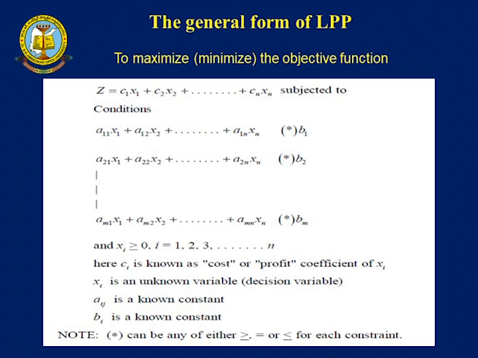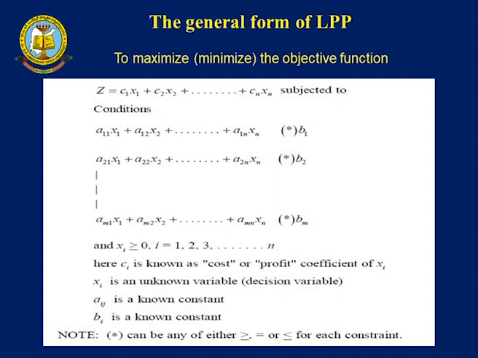Next, coming to the general form of the linear programming problem. When can we say the linear programming problem is in general format? It again consists of 3 parts: the objective function, constraints and non-negative condition. In the objective function, the function should be either minimized or maximized, and it is defined by maximum or minimum z equal to c1x1 plus c2x2 plus c3x3 plus up to cnxn.